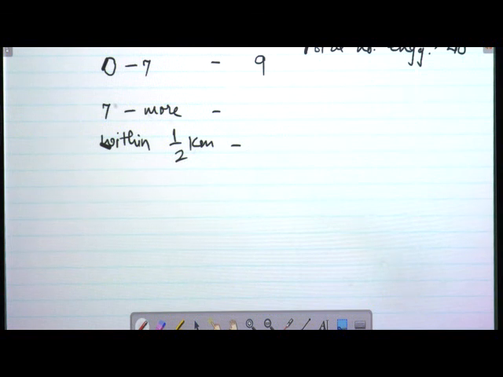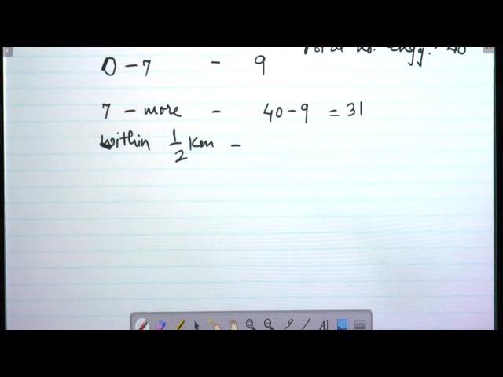Okay. Then what about 7 kilometers or more? Again we have to count it? No need of counting, simple thing. Total number of engineers minus the above favorable outcomes comes to 31.